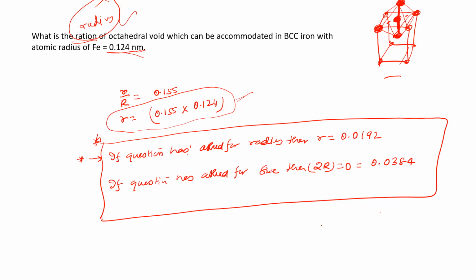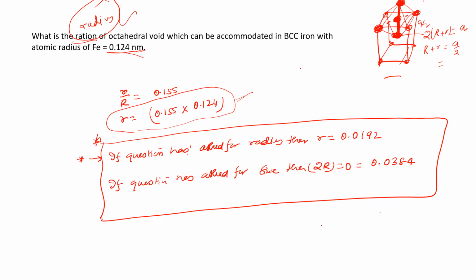That's why we will take this length. So this length will be 2 times R plus small r, that will be equal to a. Fine, because here it is a by 2 and on top it will be a by 2. So R plus r is equal to a by 2.